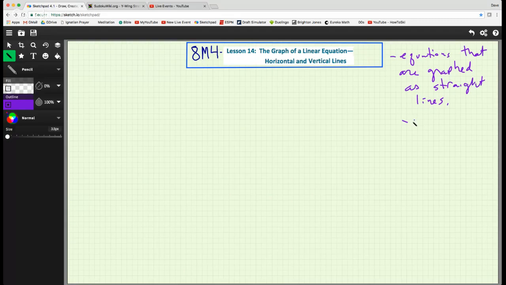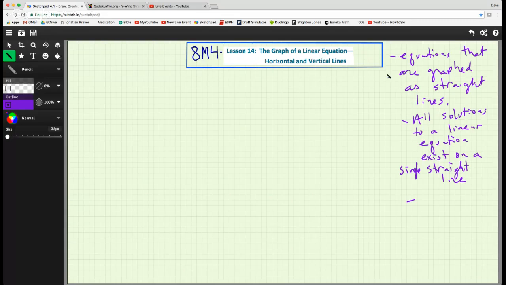All solutions to a linear equation exist on a single straight line.